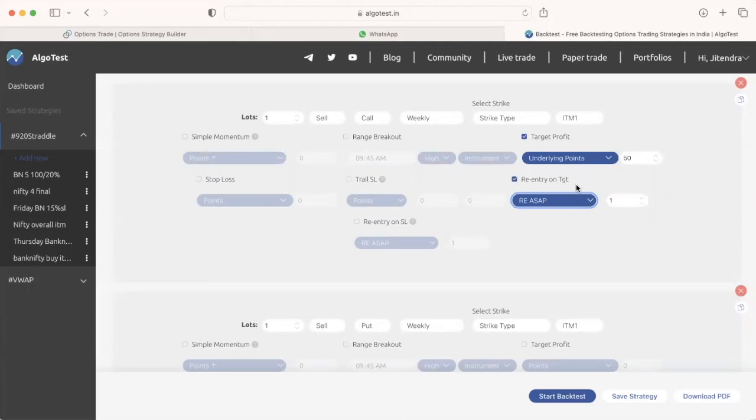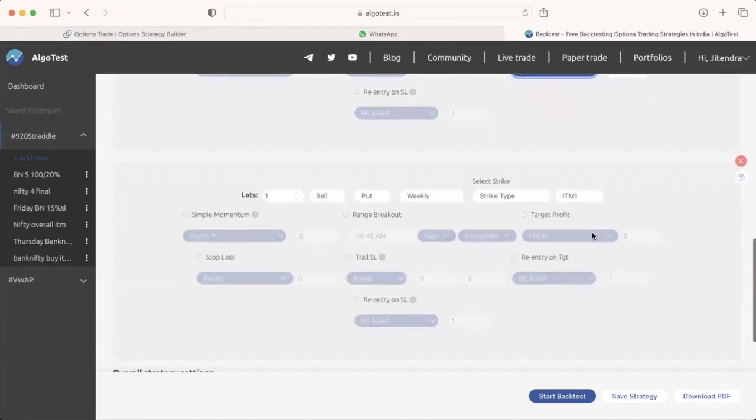We want our premium to stay at a little higher level. And same way, we are going to do it for put option also, that is 50 points and re-enter.